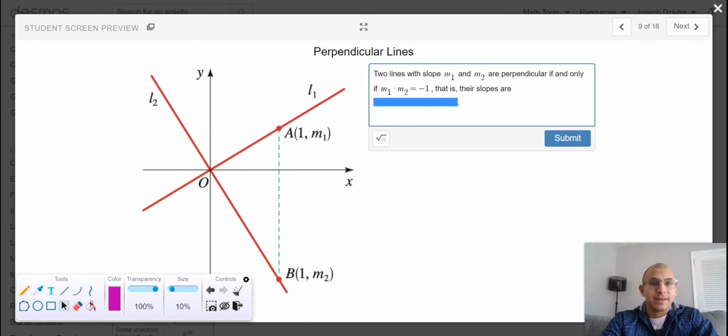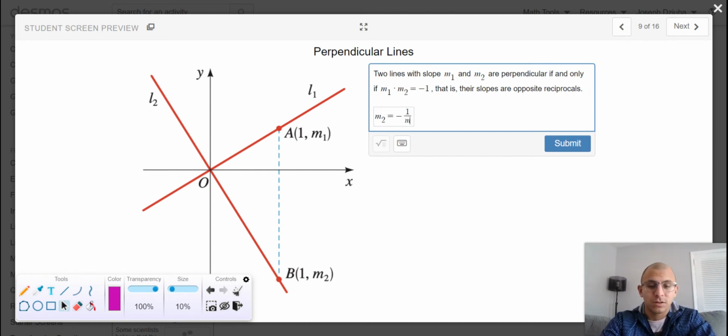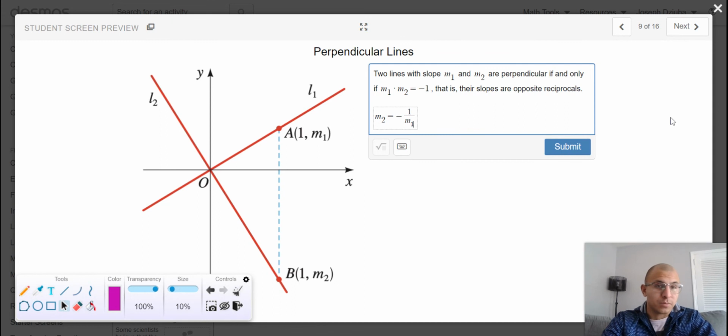And what we mean by that is their slopes must be negative, so opposite. Let's use that word instead. Opposite reciprocals. So m2 really needs to be equivalent to the negative or the opposite of the reciprocal of m sub 1.